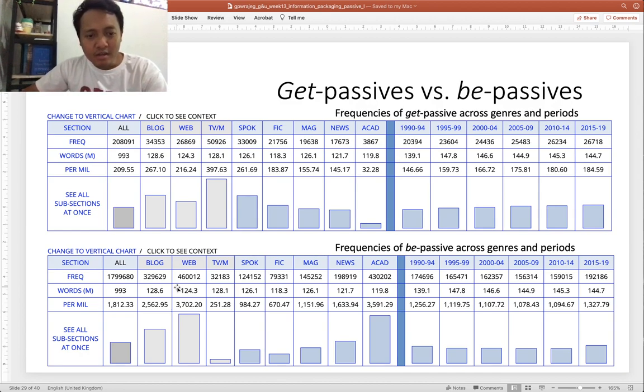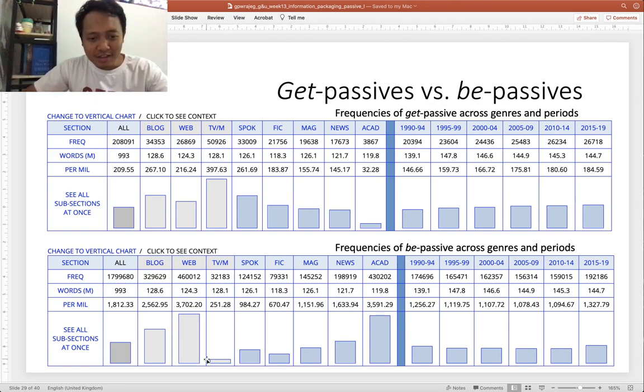And the clear pattern here is the high preference in TV and spoken language, where get passives are most frequent, but least frequent in academic texts, a more formal language situation. But the be passive is more preferred in the web. I think that is because this corpus mostly comes from written text.